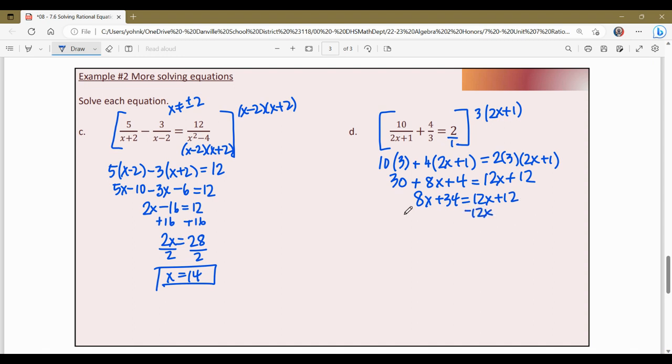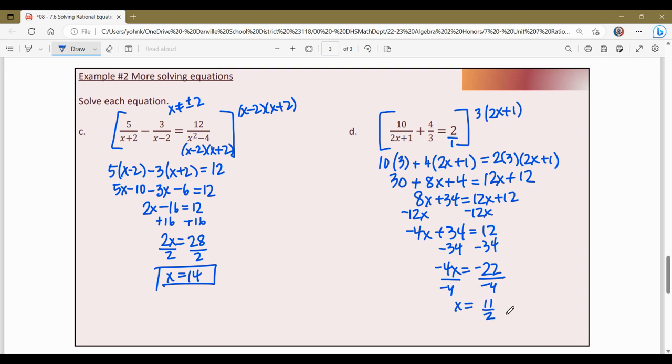Minus 12x, minus 12x. Negative 4x plus 34 equals 12. Subtract 34, subtract 34. Negative 4x equals negative 22. Divide by negative 4, x equals 11 halves.